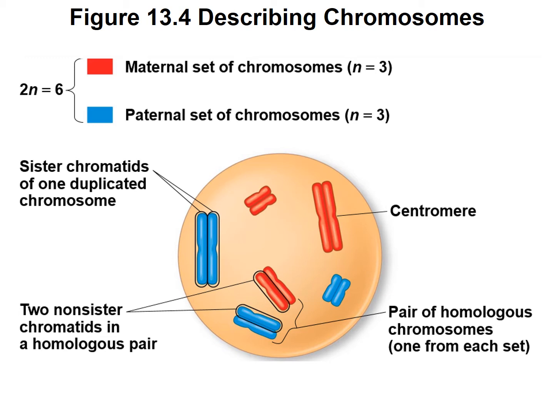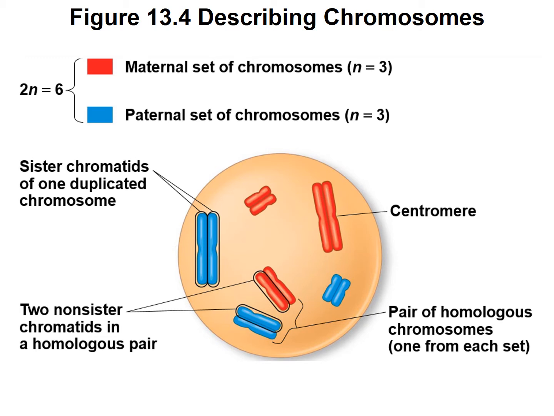This is a cell from an organism with a diploid number of 6. Each of the 6 duplicated chromosomes consists of two sister chromatids associated closely along their lengths. Each homologous pair is composed of one chromosome from the maternal set and one from the paternal set. Each set is made up of 3 chromosomes in this example: long, medium, and short.